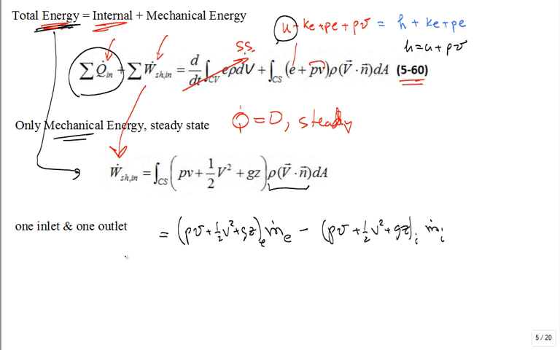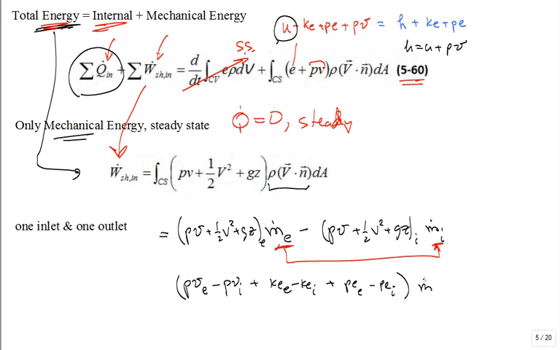But we said that they were the same, it's steady state, so these M dots are the same. That's the same mass flow rates. So you can even combine it. So it's PV exit minus PV inlet plus, let me write it as KE exit minus KE inlet plus PE exit minus PE inlet equal to W dot shaft in.